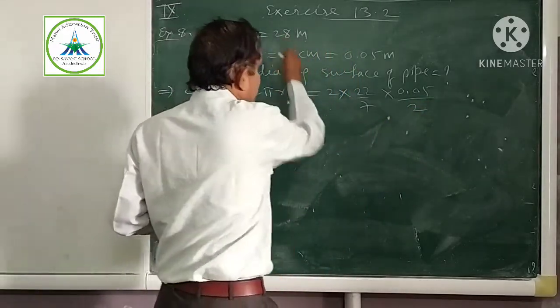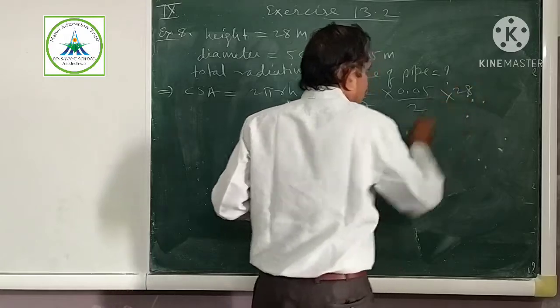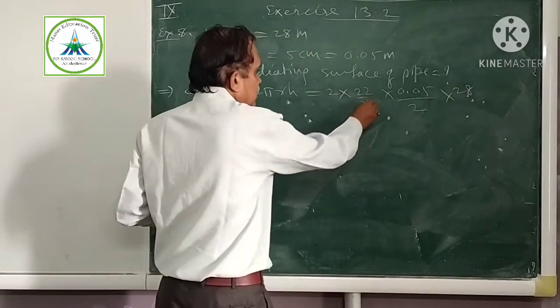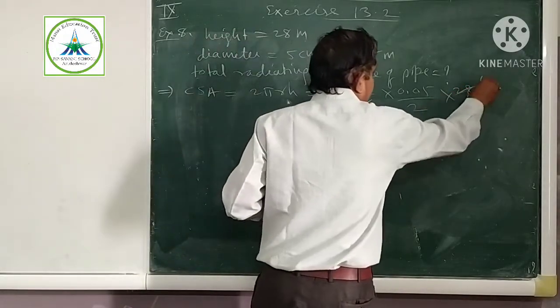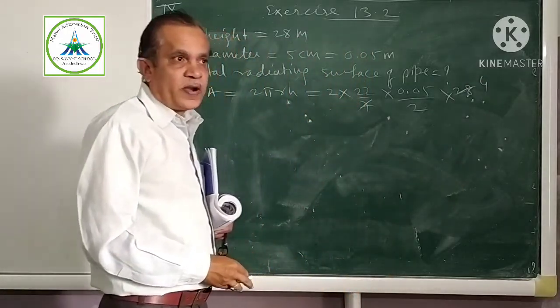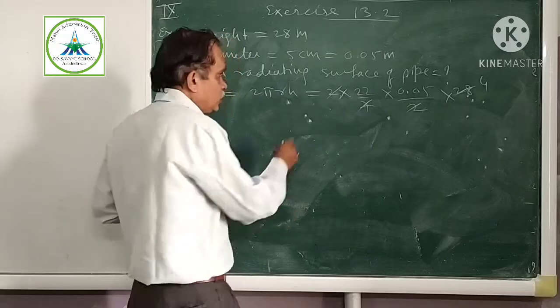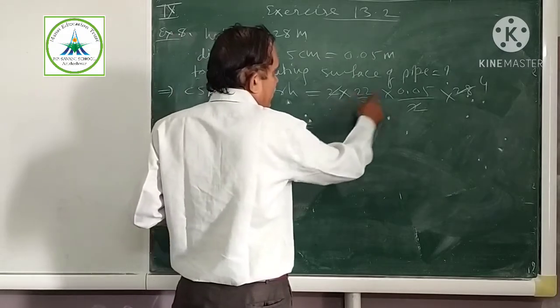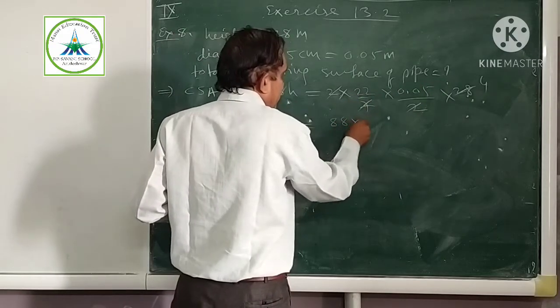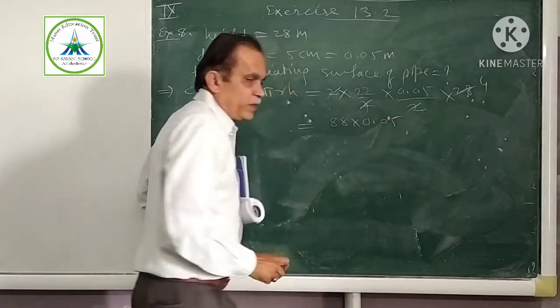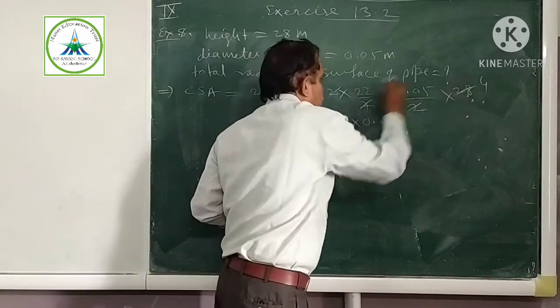Okay. Now height 28. See, 7, 28 cancel, 7 4s are 28. Now again 2 cancel. We got it. 22 multiplied by 4, 88. Multiplied by 0.05.